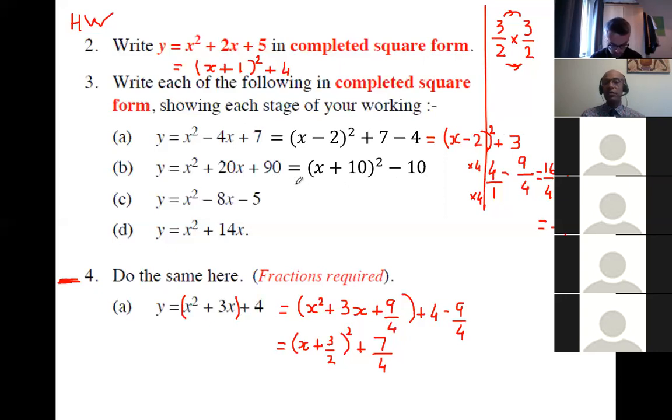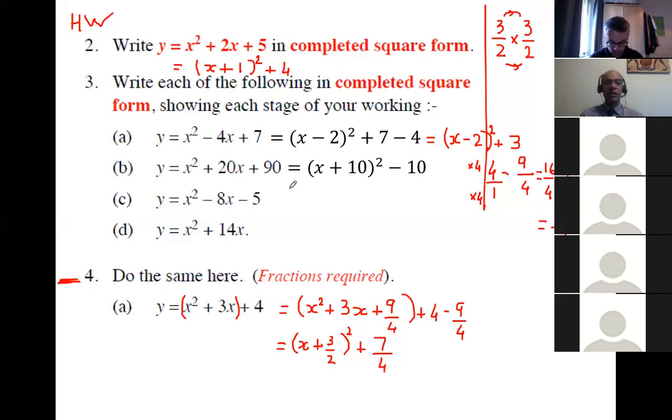So 90 minus 100 is just minus 10. So basically to complete the square, you just have plus 90 minus 100, which gives you minus 10.